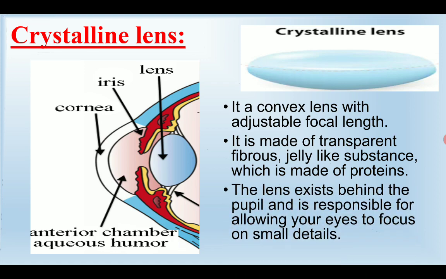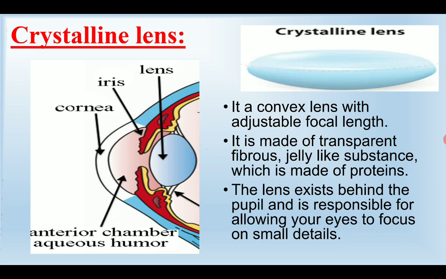This lens exists behind the pupil and is responsible for allowing our eyes to focus on small details. The lens is in a constant state of adjustment as it becomes thinner or thicker to accommodate. With age, the lens loses a lot of its elasticity, which often results in cataract and presbyopia.